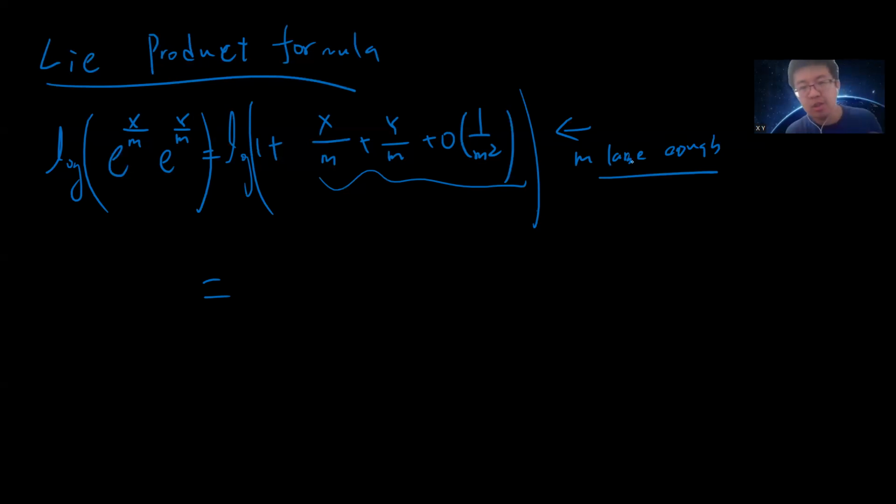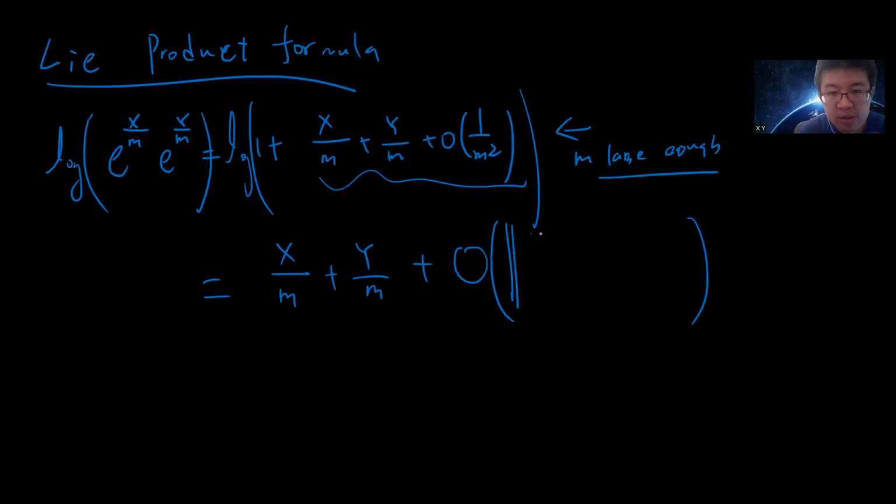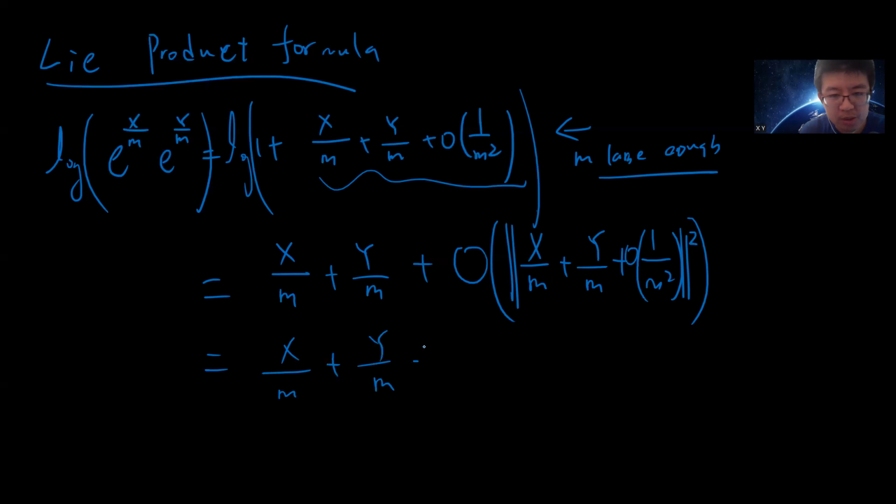Previously, when I don't restrict m, this log may be ill-defined. But now I take m to be large enough, and now this log is well defined. So it becomes this plus O of the norm squared. It's just X divided by m plus Y divided by m plus O of 1 over m squared.